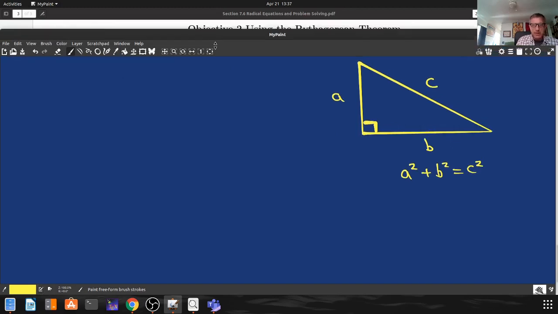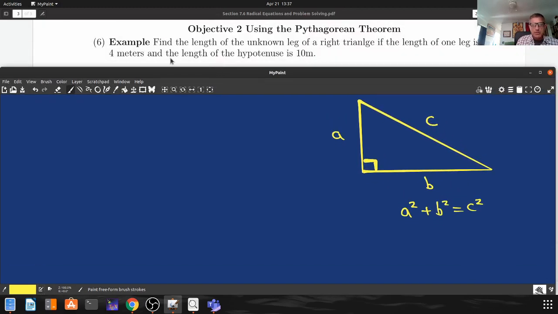So this is a reading problem. Find the length of an unknown leg of a right triangle if the length of one leg is 4 meters and the length of the hypotenuse is 10. So that means we're just going to say, arbitrarily, A is equal to 4 and the hypotenuse is equal to 10, and this is our unknown.